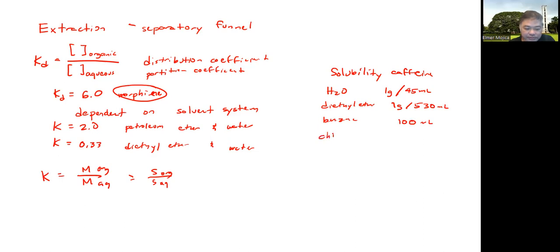And then for chloroform, for every 1 gram, you have 5.5 ml. So which is the best solvent? Which is the best solvent? So all of them 1 gram, and this is the volume that you can use to dissolve 1 gram. So the best solvent is the chloroform. Okay. Now, at first glance, you could say the worst is what?